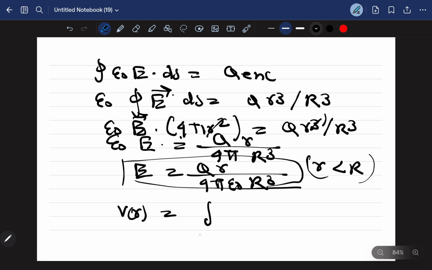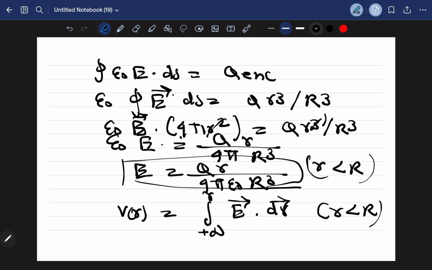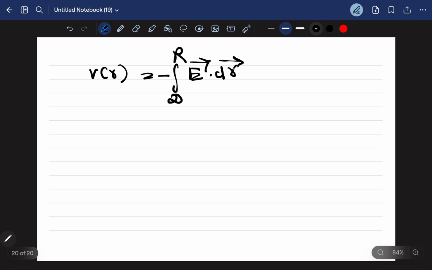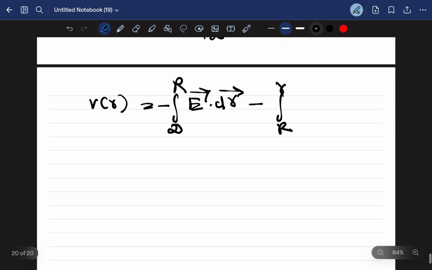Generally it will be given by minus integral from infinity to r of E dot dr, where r is less than R. Now we have to break the function, so we calculate the work done from infinity to R, the surface of the sphere, minus integral of E dot dr from R to small r, which is from the surface to the inside of the sphere, E dot dr, right?